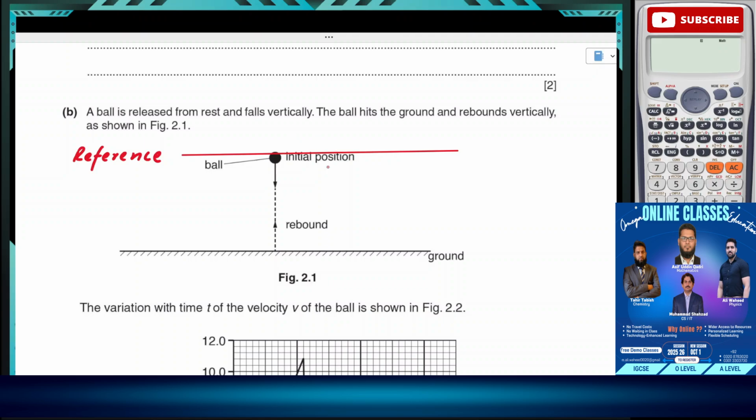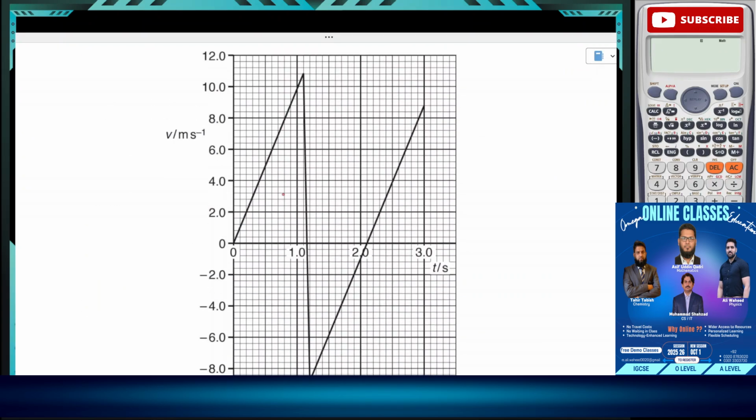So here we have two directions. Initially, the ball moves downward, it then rebounds and then goes upward. So initially, the ball goes downward. So let's see what the graph says.